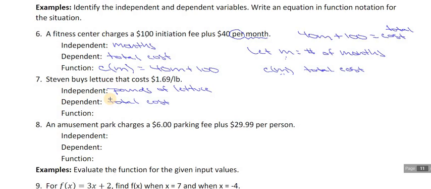So let's go over to the side just like we did before. If it's $1.69 per pound, it's going to be 1.69 times, I'll use x this time because I don't want to use L, because an L looks like a 1 or an I. We could use P, but I'll just use x. So 1.69 times x is going to equal our total cost.